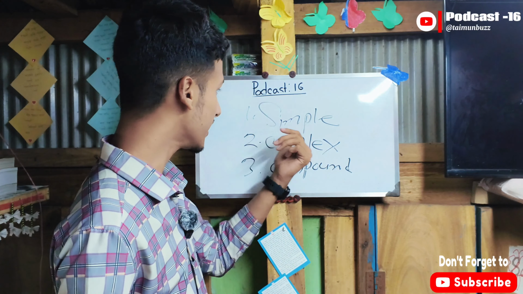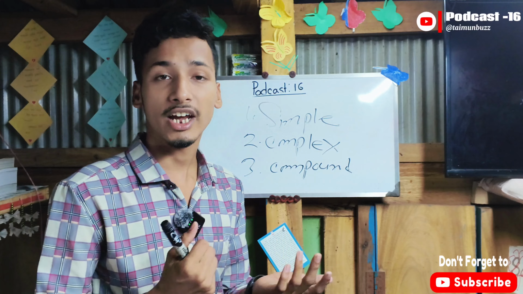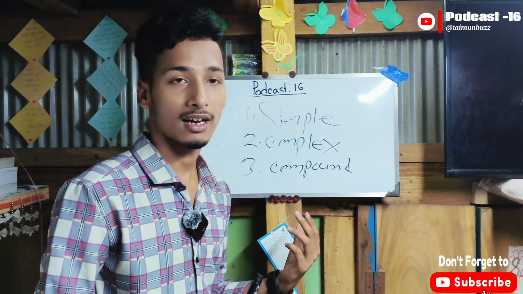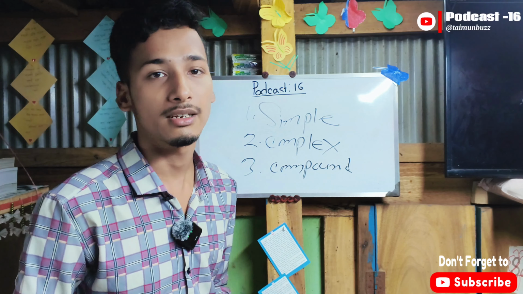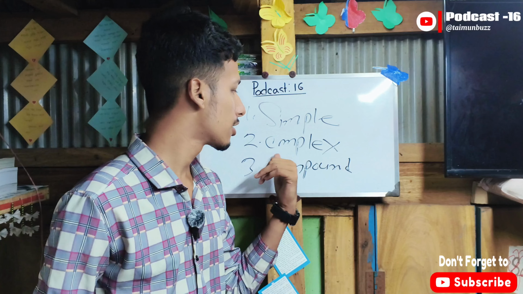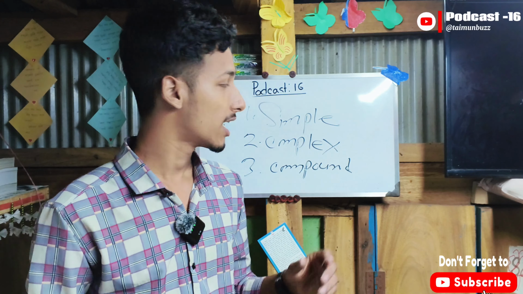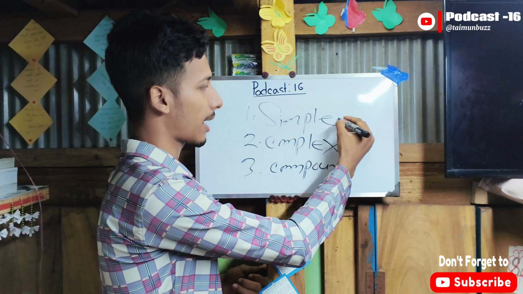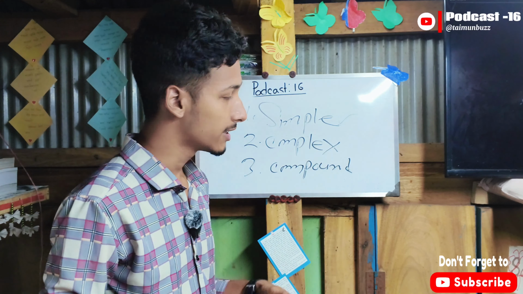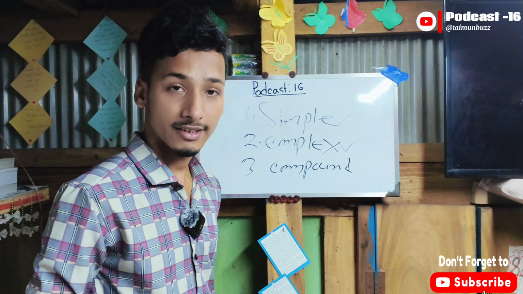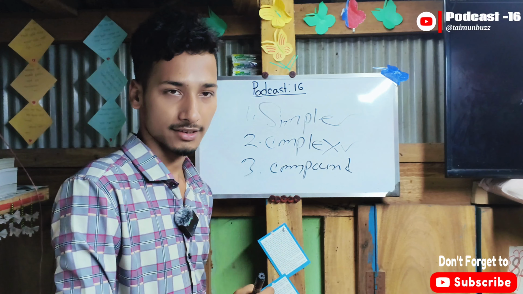So here, according to the structure, there are three sentence types available, which are simple, complex, and compound. In the next podcast, I will discuss simple sentences. Then after that, I will discuss complex sentences.